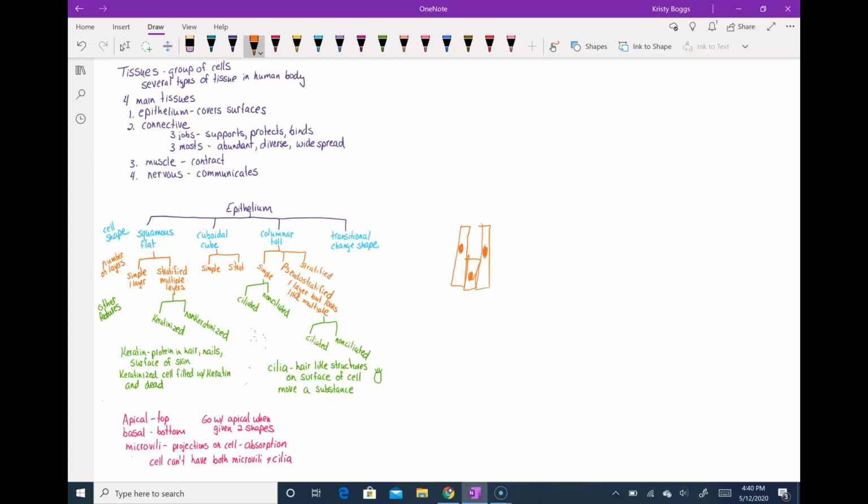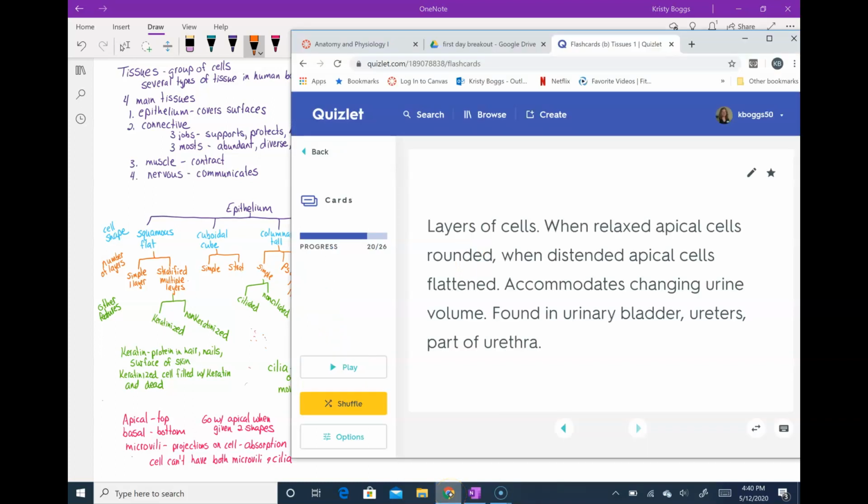The apical cells are changing shape based on what's going on with the tissue. And this is found in the urinary system. So as the urinary bladder fills, it stretches, and that stretching makes the cells flatten. Then when you go to the bathroom and empty your bladder, it shrinks. That shrinking makes the cells rounded.